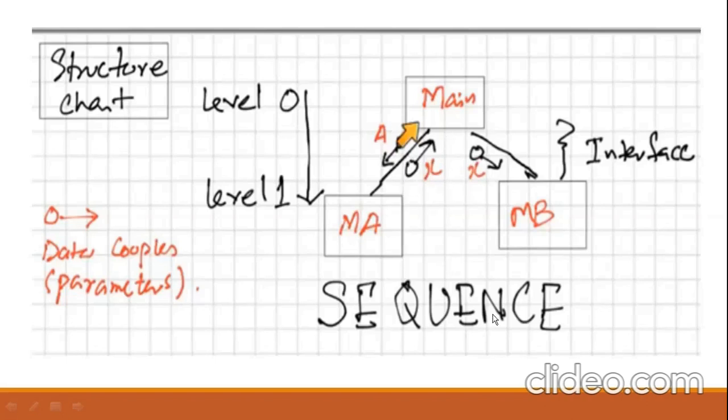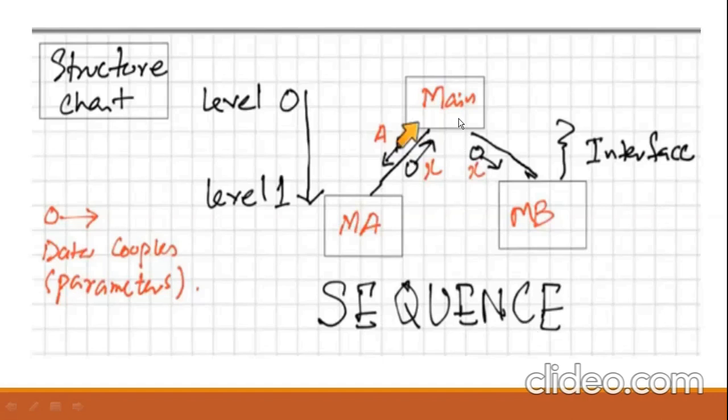Okay. And now we have another term, called sequence of execution. By sequence of execution, it means that whenever no specific order is specified, the sequence of execution will start from left to right.